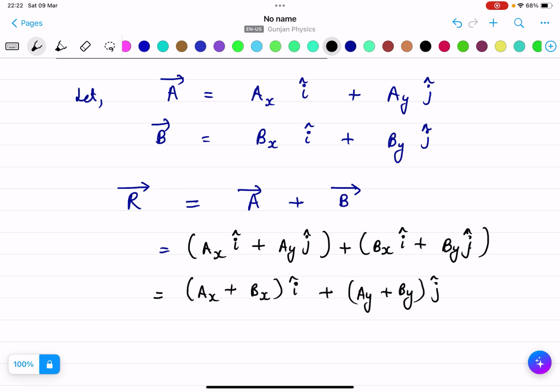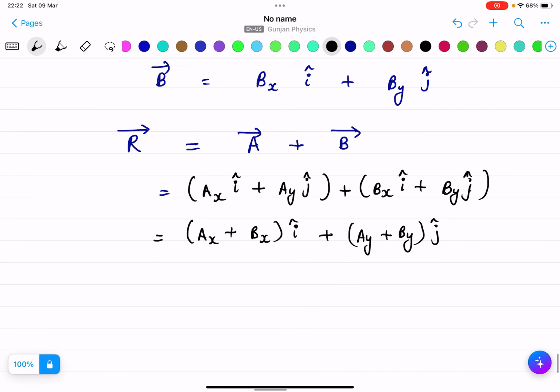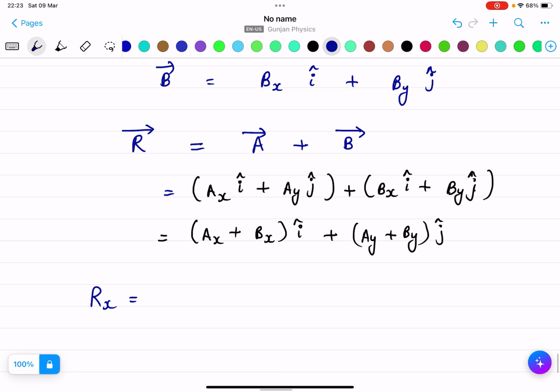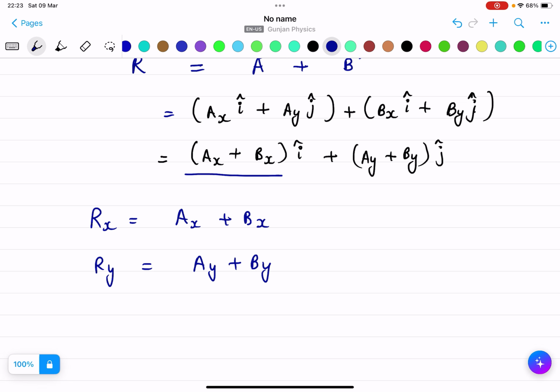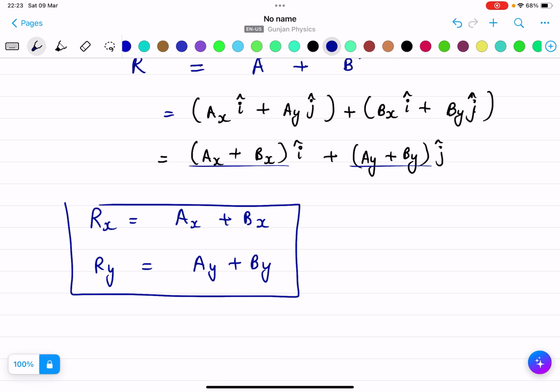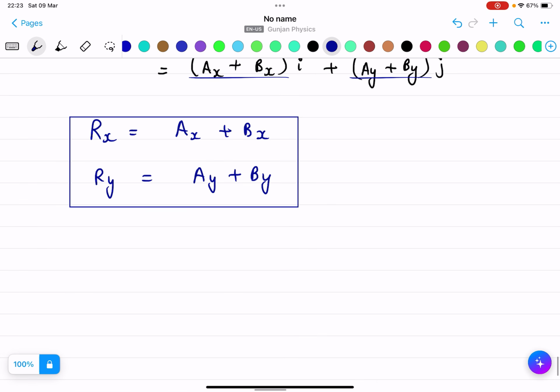That is, you can simply add their components. So if I talk about the magnitude, can I write rx equals ax plus bx and ry equals ay plus by? So this is rx and this is ry, right? Now I can easily write the resultant r as rx i plus ry j, right?